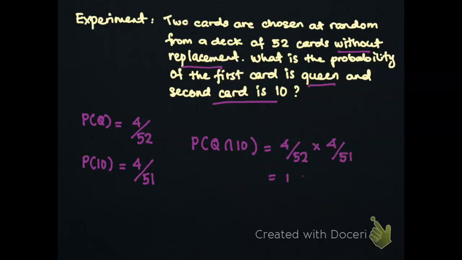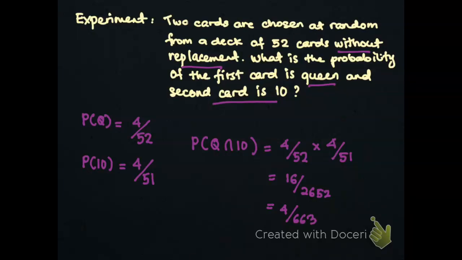So you will get 16/2652. And this number you can make smaller. It will be 4/663.